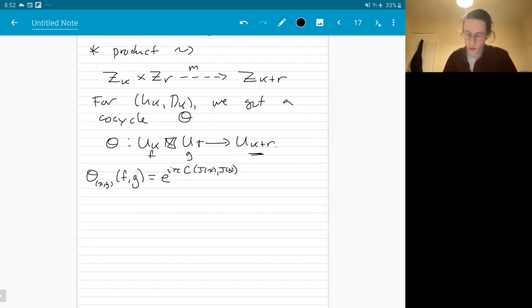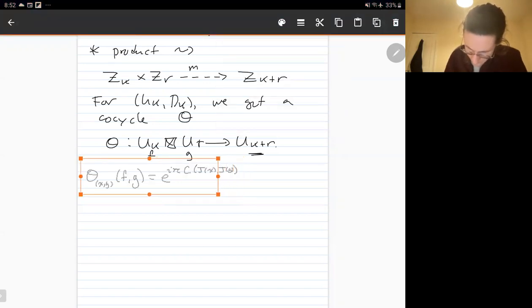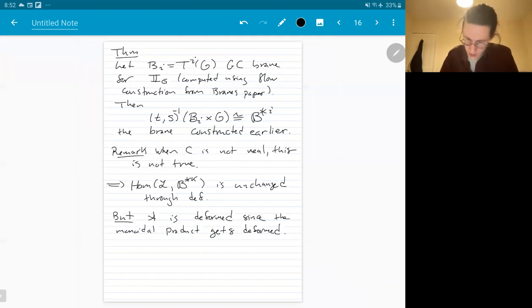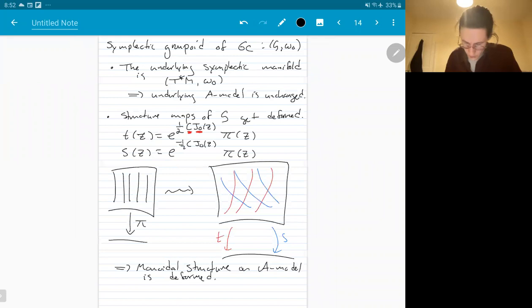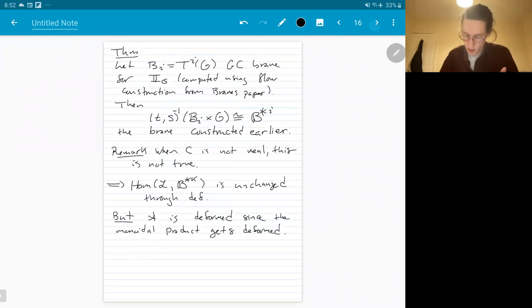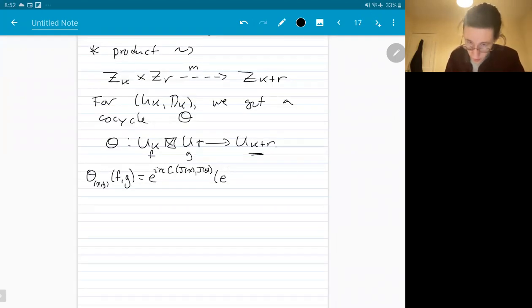So that gives you a prefactor, multiplying a tensor product of f and g. Just as the deformation involved moving these points around according to this rule, we're going to do the same thing to the elements of the line bundle.